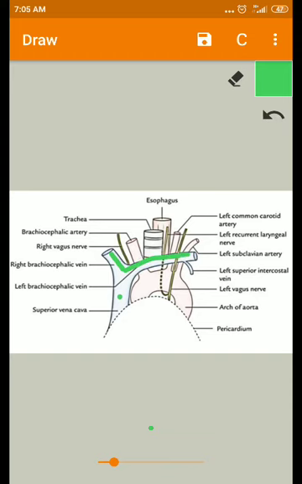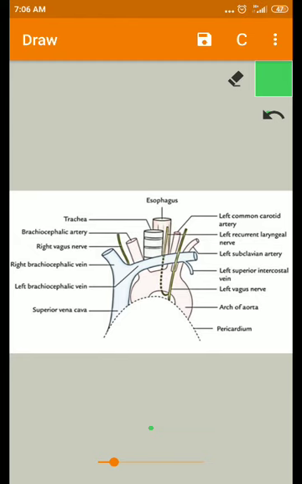On the left side, the left brachiocephalic vein has another tributary, the left superior intercostal vein. So these are the large structures related to the superior mediastinum.